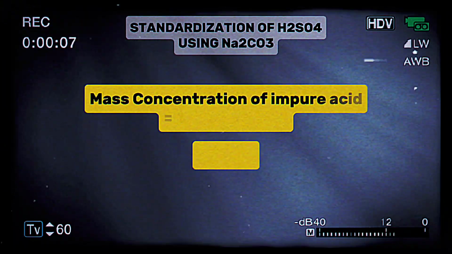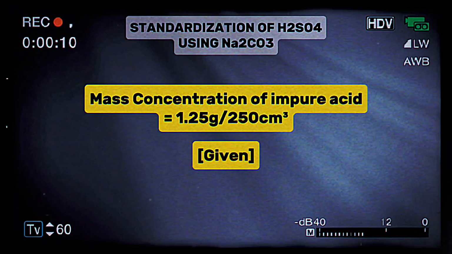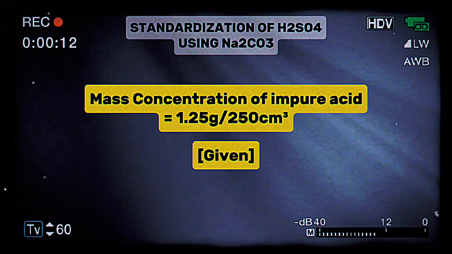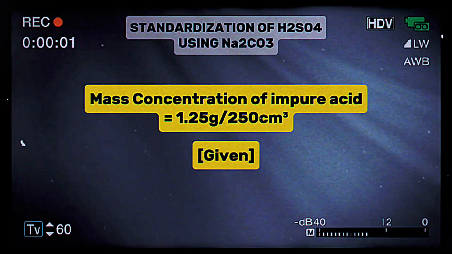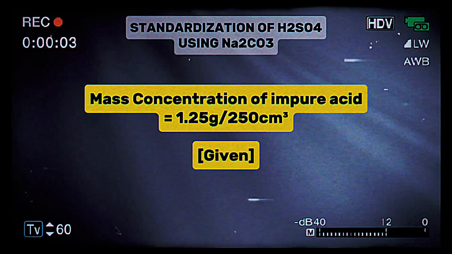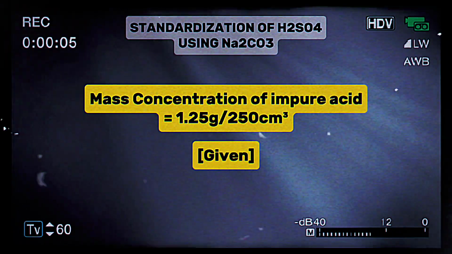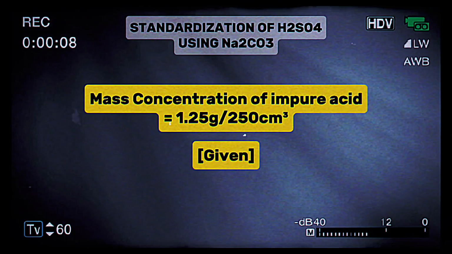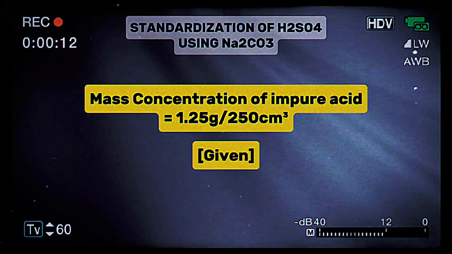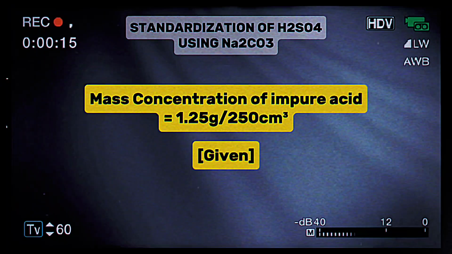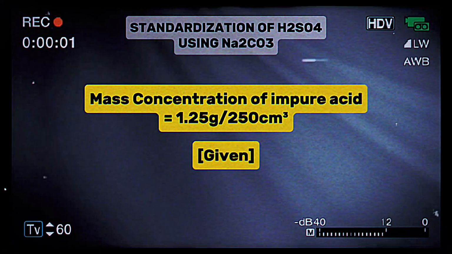You're also expected to determine the concentration of the impure acid, right? Remember, I said you should take note of some data before we started this lecture. Now, you can find this by relating to the impure sulfuric acid solution concentration you were served. Remember, 1.25 gram was served in 250 cm cube.